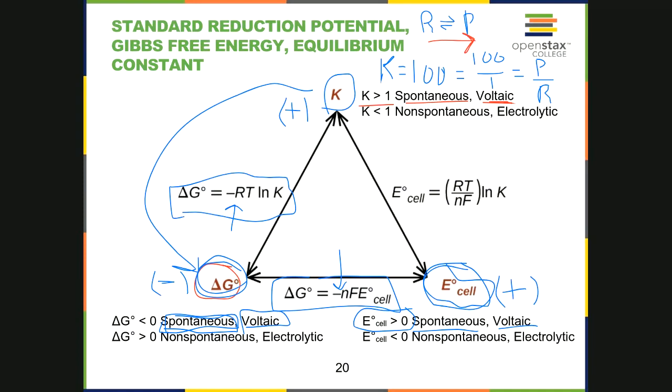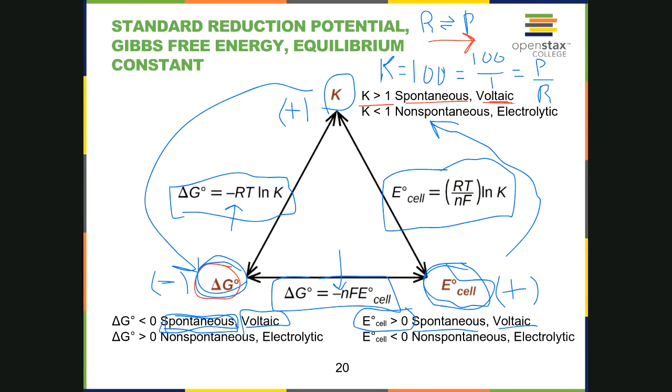And then finally, if we're wanting to relate the cell potential back to the equilibrium constant, we've got an equation that does that. Now you don't need to know these equations, and we're not going to calculate anything with them. We're just using that to get an understanding of how these numbers are related to each other.